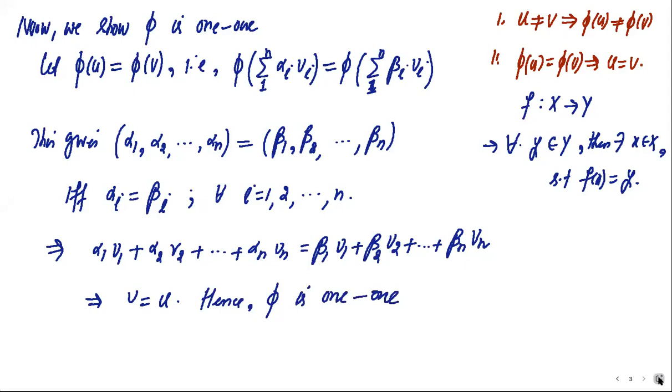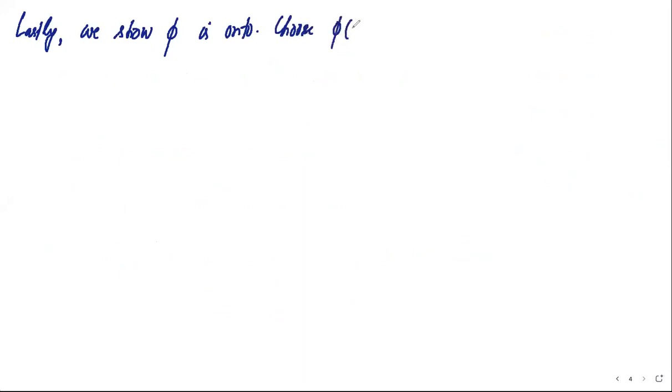Now the last step is we have to show that pi is onto. So lastly we show pi is onto. To do this we will choose some image. So choose some pi of v belonging to Fn, not phi of v.